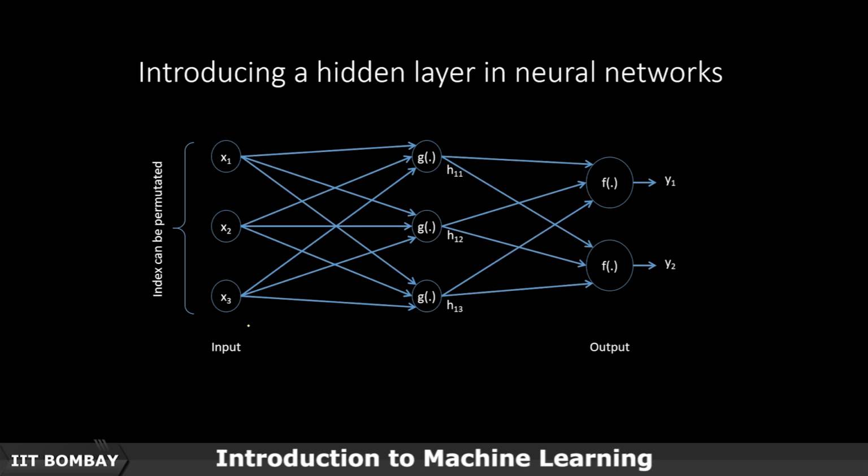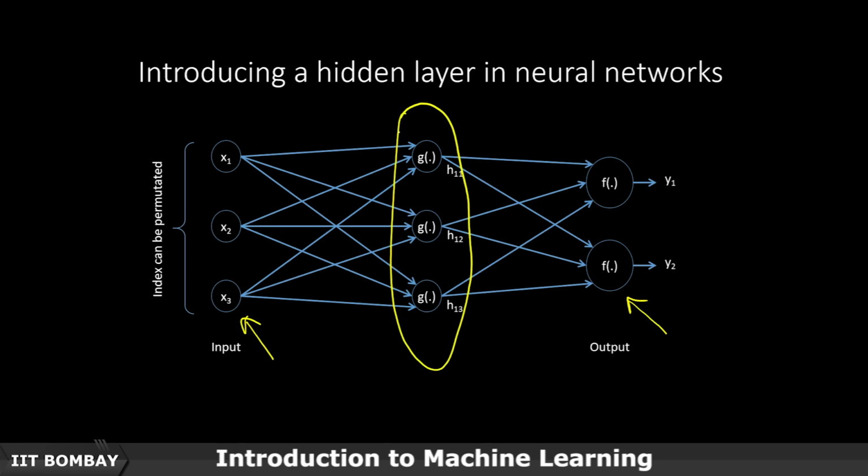Now let's look at a single hidden layer in a neural network, what exactly it does. So we already looked at, let's say, these are the inputs and these are the outputs. Now instead of having a direct connection between the inputs and the outputs through a single nonlinear function, let's add a layer, and then instead of sigma I'm using g and f here, but it's the same idea. We are just using a different notation. So now we have added this layer.